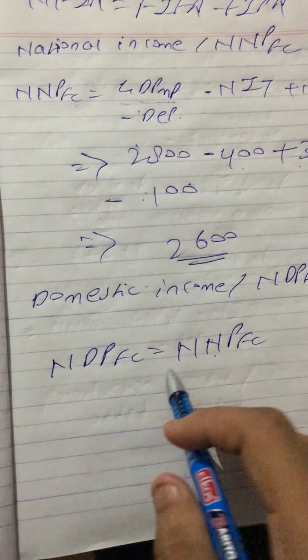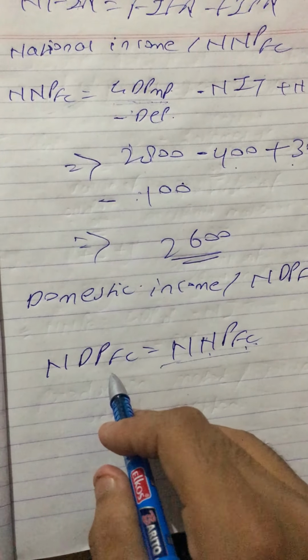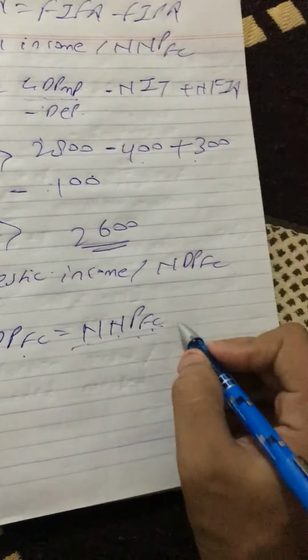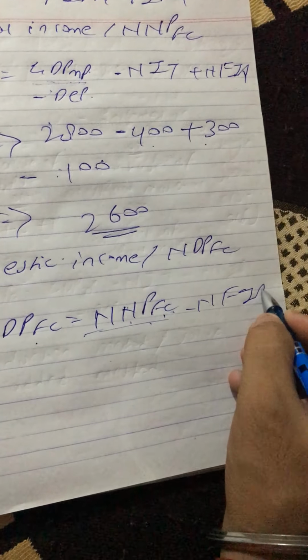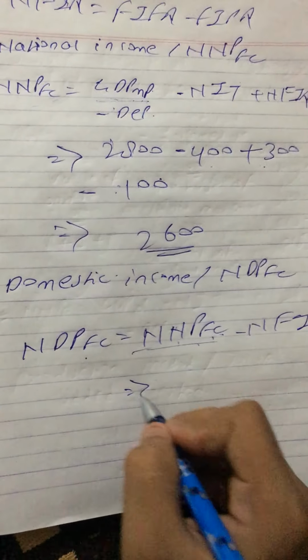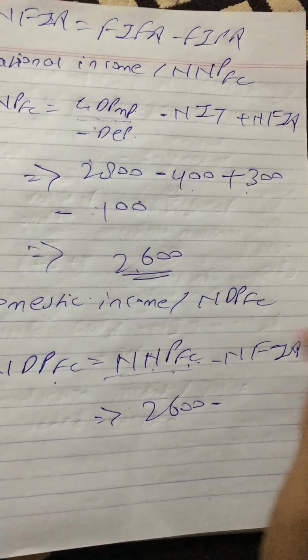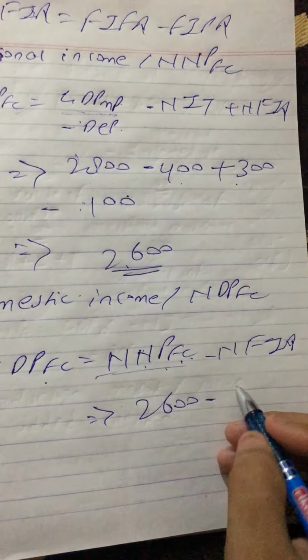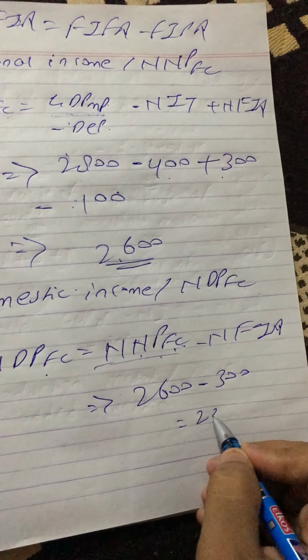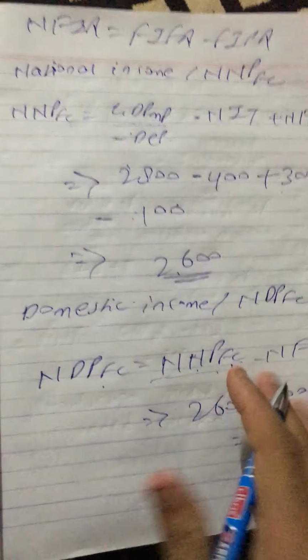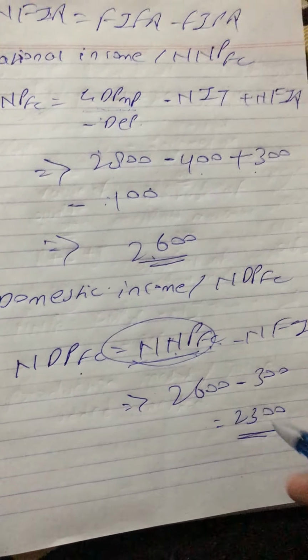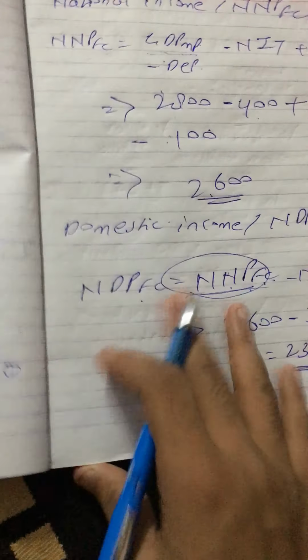I mention NNPFC here. It depends upon you. So FC to FC cancel, NP to DP, so minus NFIA, net to net cancel. So NNPFC is equal to 2600 minus NFIA 300. So 2300. If you mention GDPMP instead, the answer will be the same.